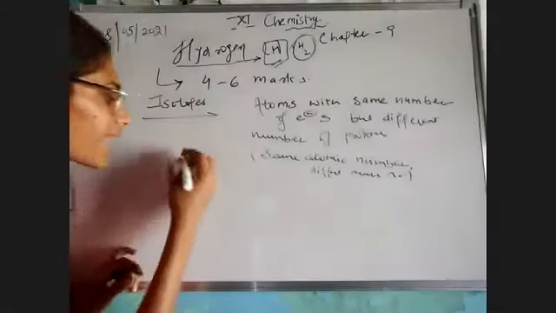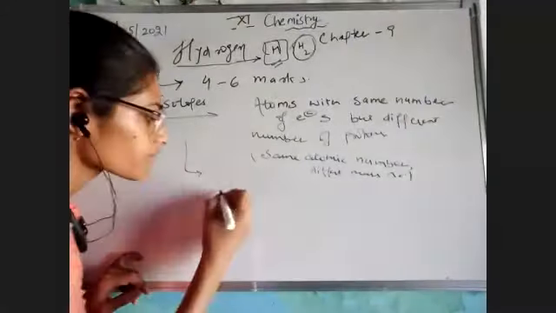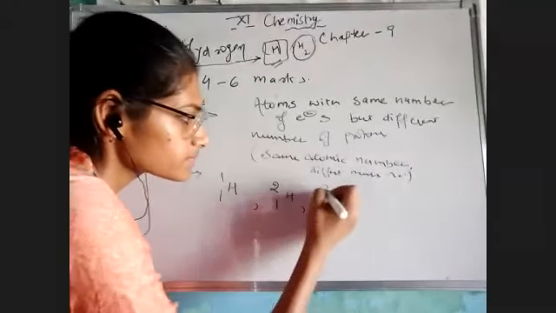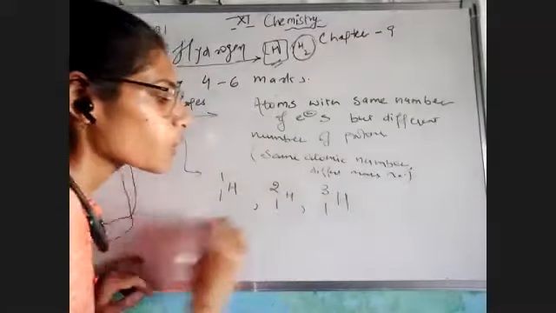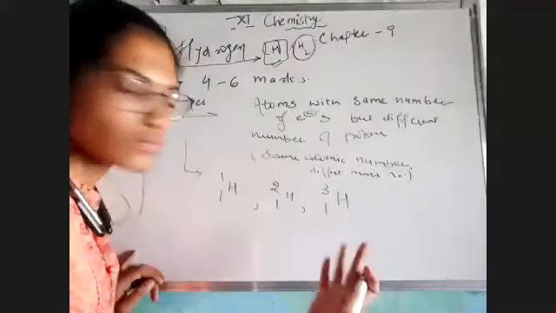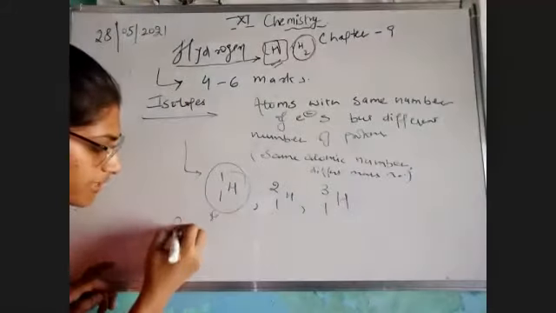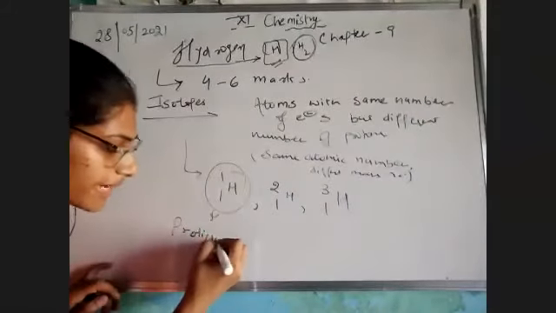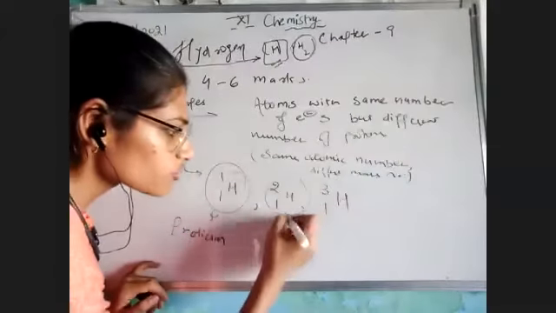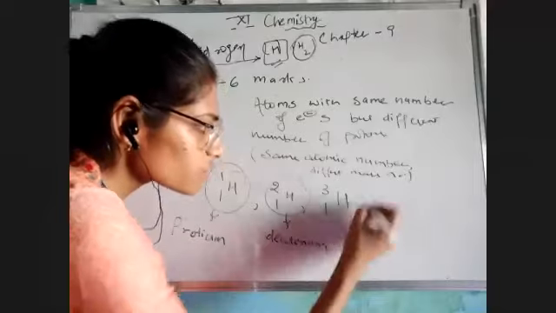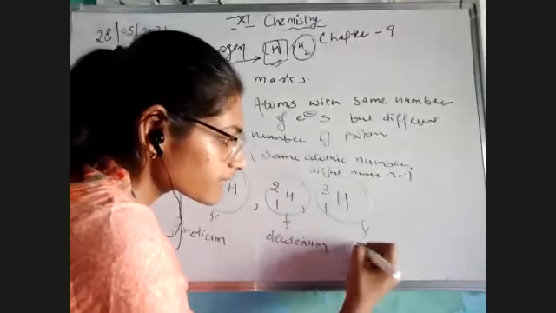Hydrogen has 3 isotopes known to be these 3, the isotopes of hydrogen. And this is known to be protium. We have named the isotopes. This is known to be deuterium. And the last one is tritium.